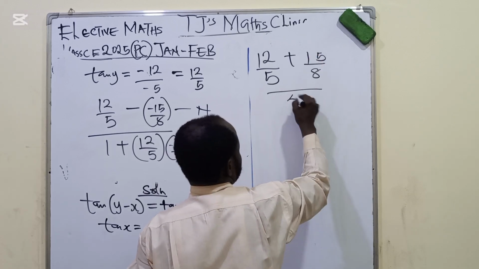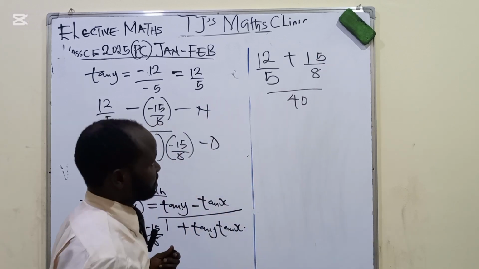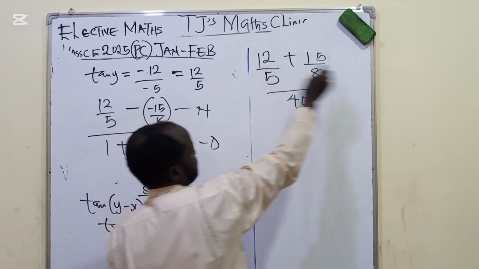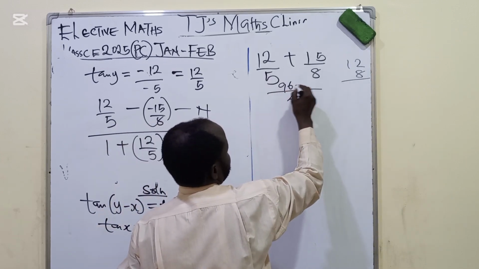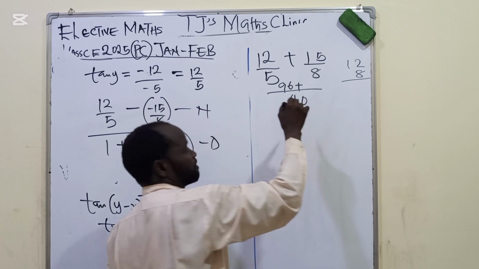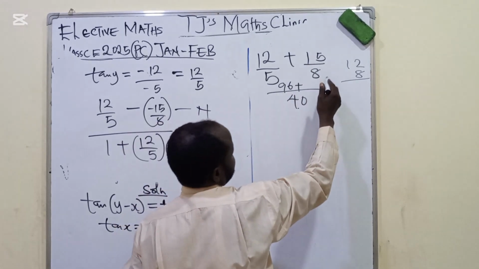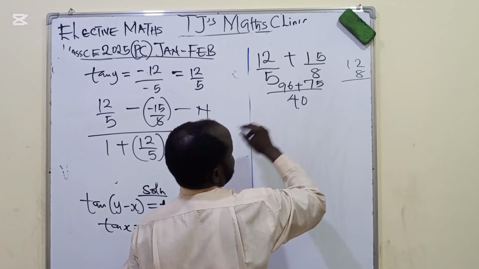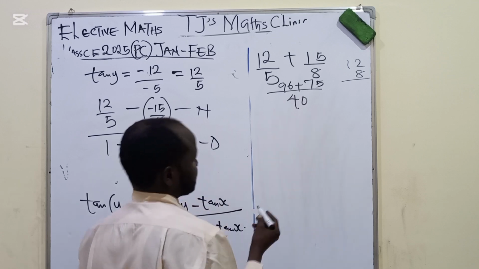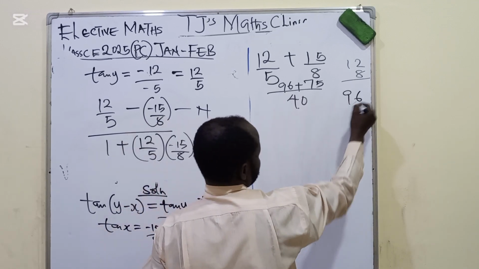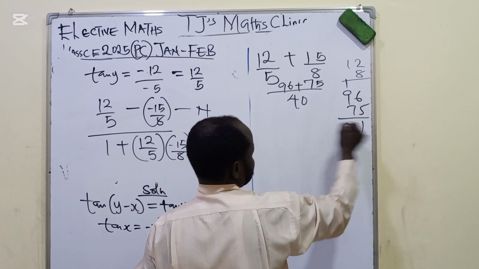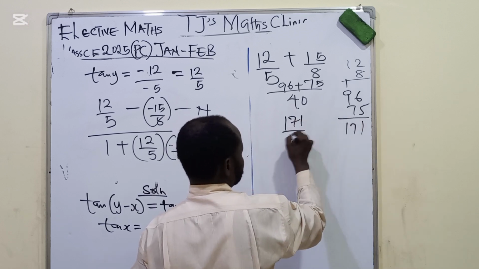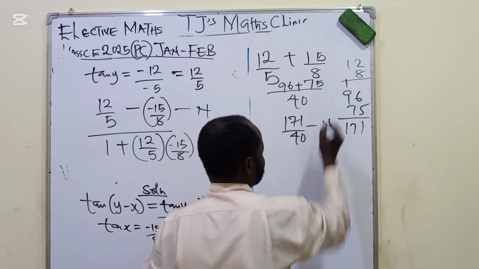Let's find the LCM, which is 40. 5 into 40 is 8, 8 times 12 is 96, plus 8 into 40 is 5, times 15 is 75. Very important, so we can add this. 96 plus 75 is 171, that will be 171 divided by 40. This will now be our numerator.